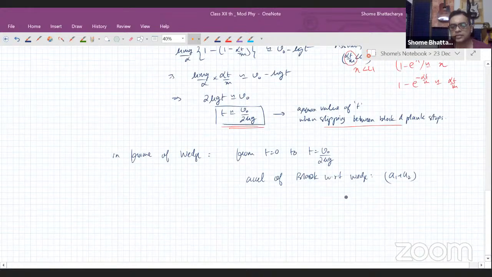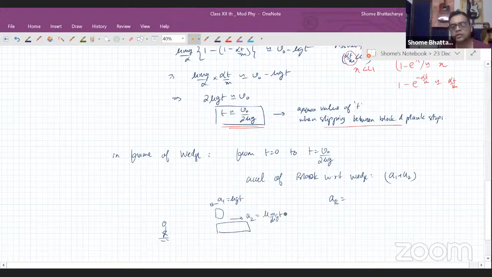So basically the block was having a backward acceleration in the ground frame, A1 equal to mu g. And the wedge was having a forward acceleration in the ground frame of alpha v2.